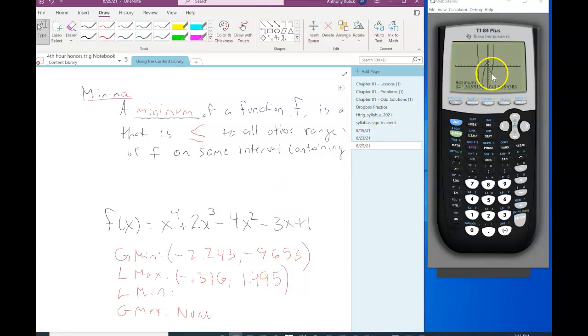And then my last one is my local minimum here. Try that one on your own and see if you get the same thing that I did. I'm going to do it right now and write the answer down so you can see it.